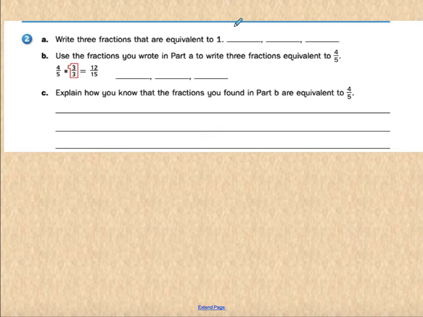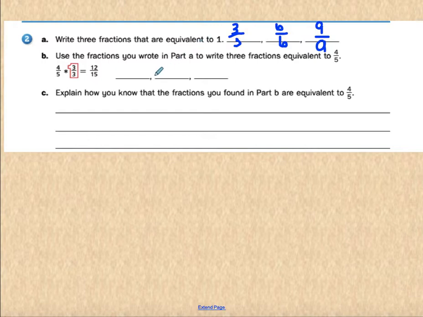I'm going to make it easy on myself, and I'm going to go 3/3. I'm going to go 6/6. And go a little bit crazy and go 9/9. All of those are equal to 1. Then I'm going to use these fractions to write 3 fractions that are equivalent to 4/5. Well, I already have 12/15 there.